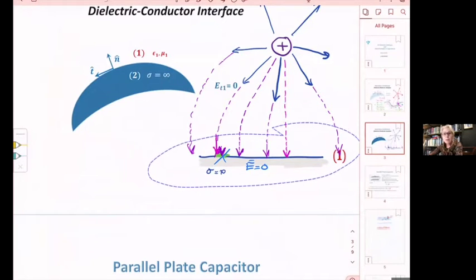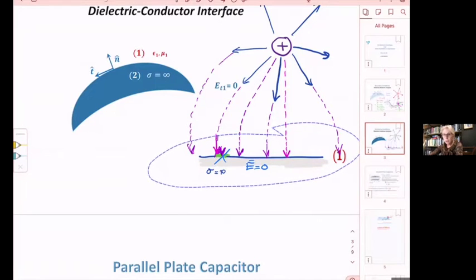Whenever you have a conductor, because there cannot be an electric field on the surface of the conductor, all the fields in the conductor and on the surface, all the fields which are inside the conductor, tangential to the surface, rather, to be more accurate, have to go to 0.